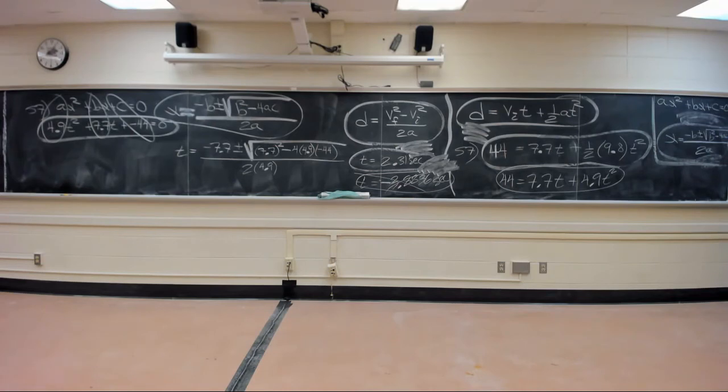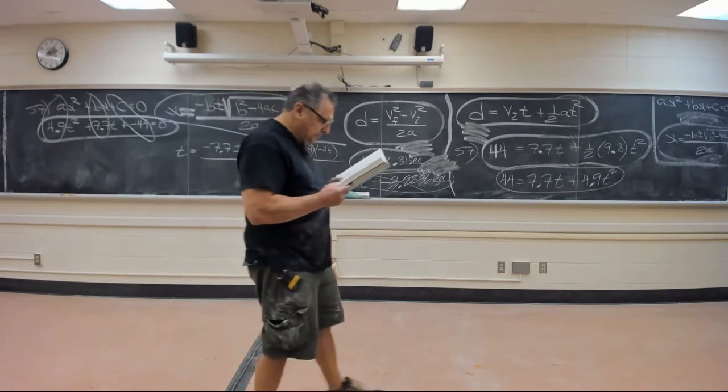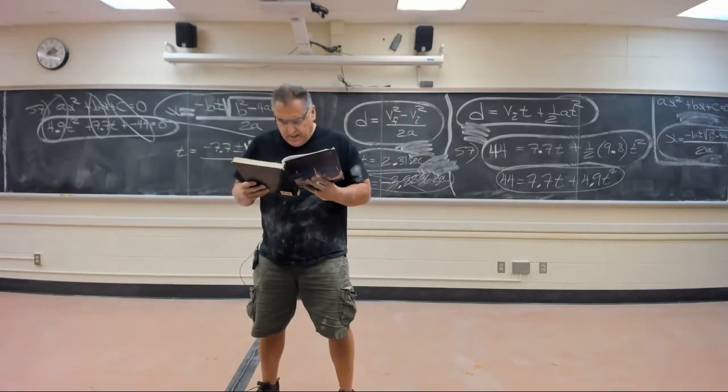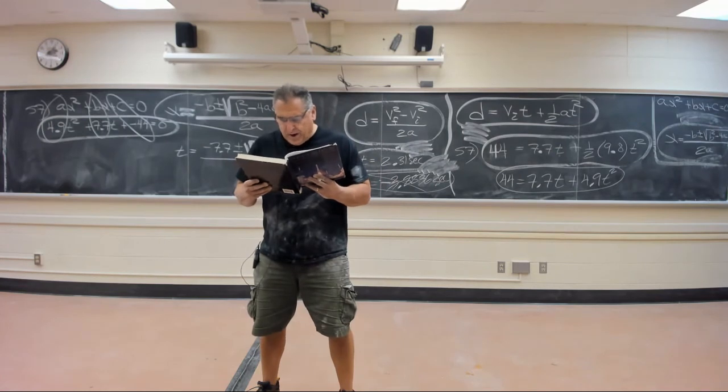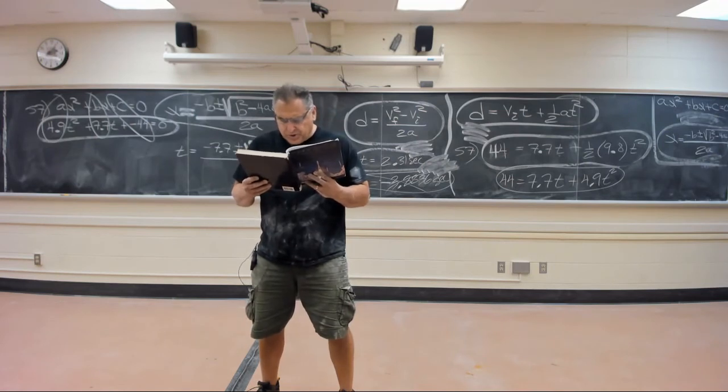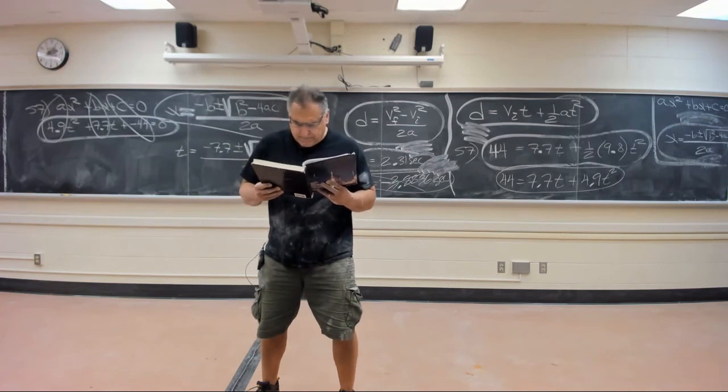Now for 59, they're saying Tata launches a model rocket straight up from his backyard that takes 4.5 seconds to reach the maximum altitude. After launch, the rocket's motion is only influenced by gravity. A, what is the rocket's initial velocity? B, what is the maximum altitude reached by the rocket?